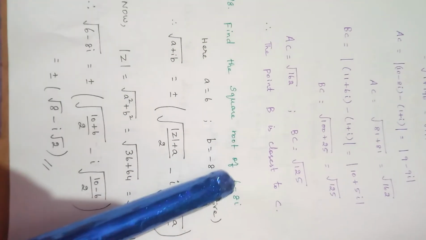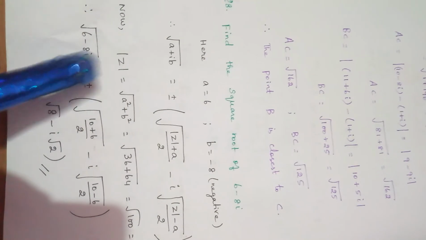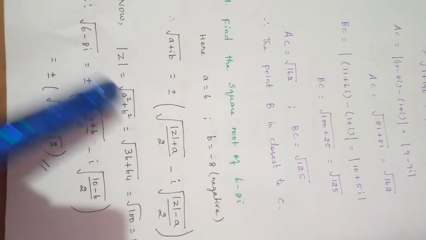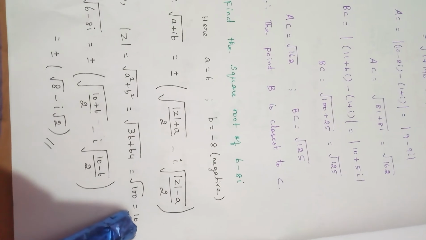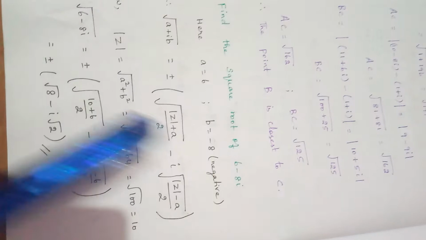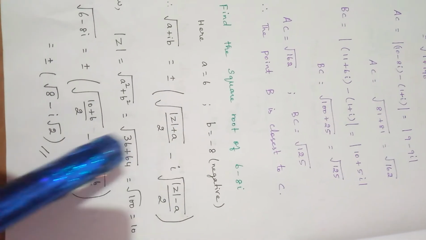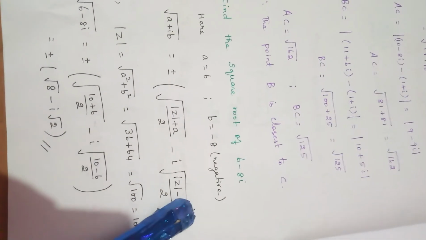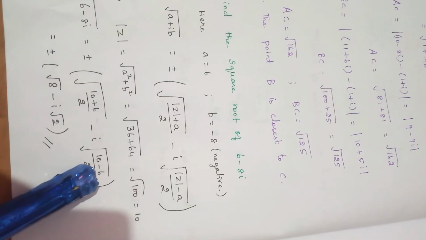Now what is the given question? Find square root of 6 minus 8i. So root of 6 minus 8i is equal to, apply this formula. Plus or minus symbol is written. Bracket. Modulus z value we just found out as 10, so substitute 10 in place of modulus z. A value means 6. 10 plus 6 by 2. The formula carries a minus sign and has i. Root of modulus z, 10, minus a value 6, by 2.